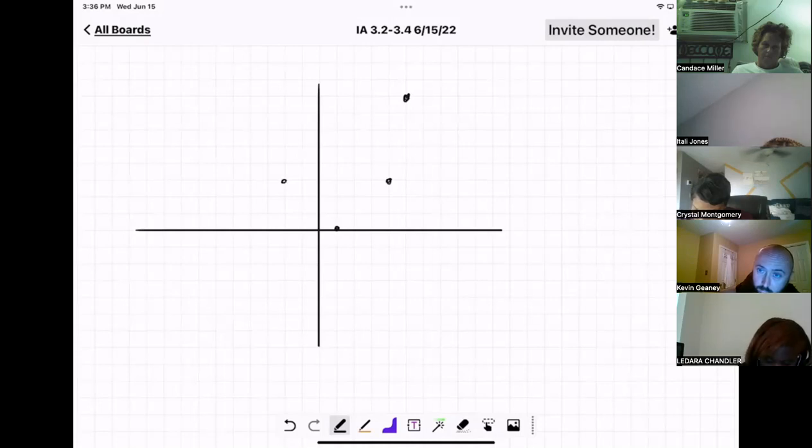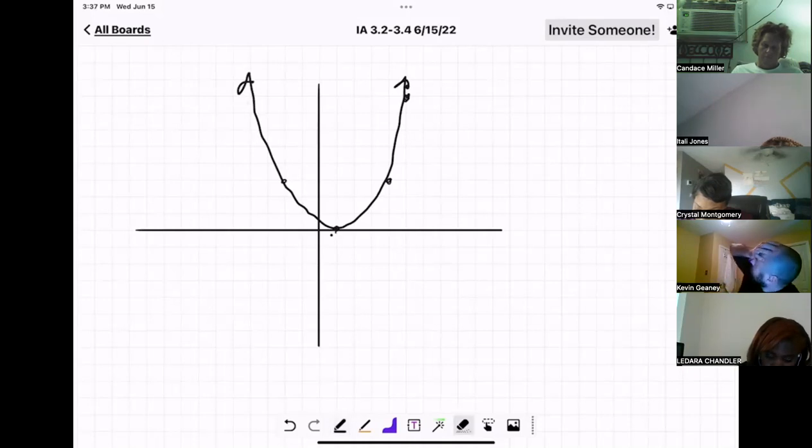Trying to make a parabola, but I have to have it in a certain spot. I'm going to erase those points in a minute because really you wouldn't see a point. Okay, not the best picture on my part.